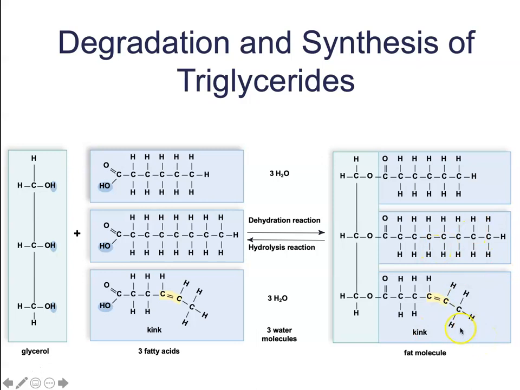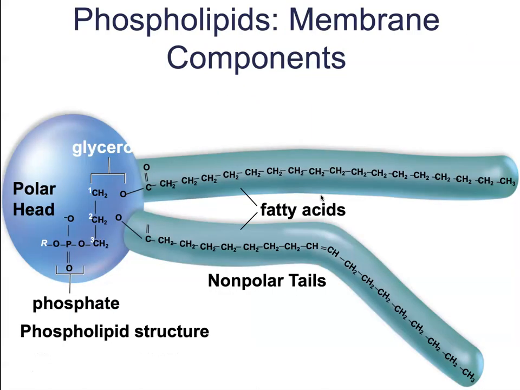If we want to break that apart, conversely, we are going to need 3 water molecules in order to break this apart into its key components of a glycerol and 3 fatty acids. So the dehydration synthesis is going to release 3 water molecules, and the hydrolysis reaction is going to require 3 water molecules.